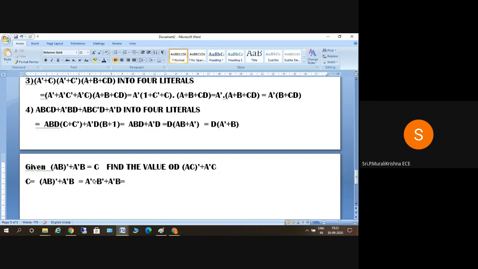So B plus 1 is 1. Okay, so A bar into 1, plus B bar, so that is equal to A bar plus B bar. Okay, so C is equal to A bar plus B bar in simplified version. So C is equal to A bar plus B bar. So now I have to find the value of this.